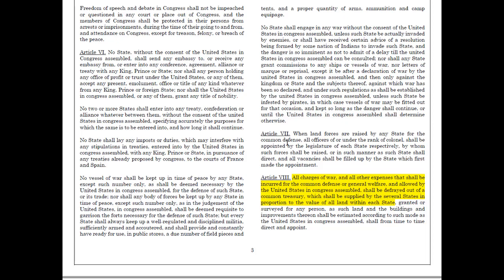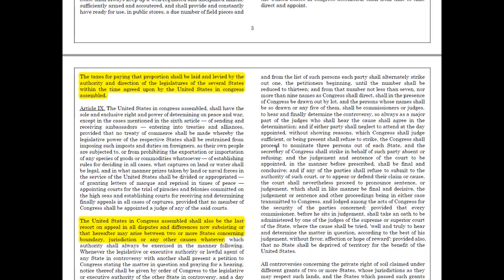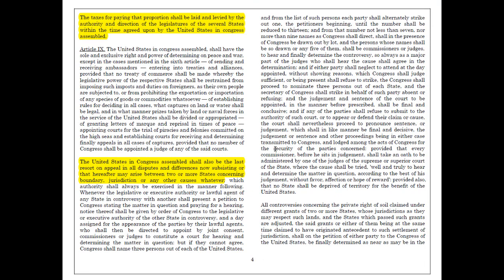And that revenue has to be collected by the states. At the top of the next page: the taxes for paying that proportion shall be laid and levied by the authority and direction of the legislatures of the several states within the time agreed upon by the United States in Congress assembled.